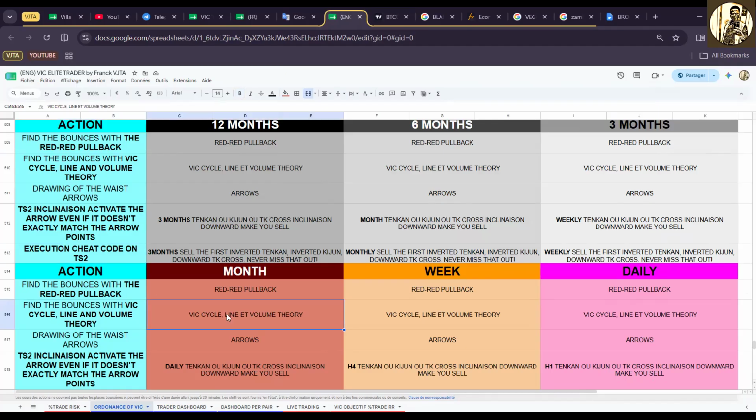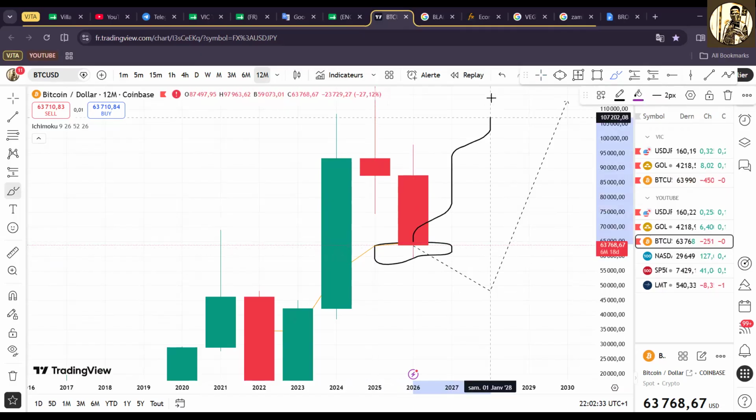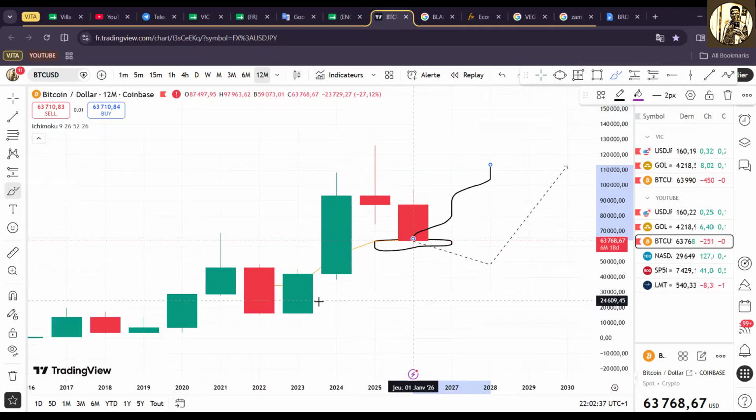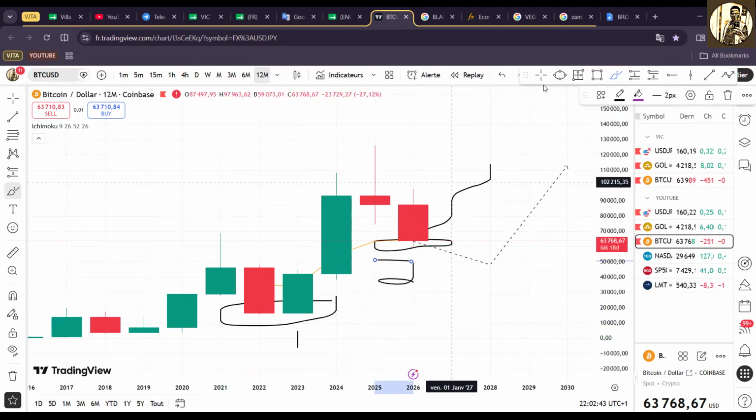You also use the volume theory to understand what can happen there. But if we lose the Tenkan line, normally we are on the first Tenkan bounce. Where we are now, the price can go up and do the break even, because on this 12 month, we are on the second Tenkan touch, as you can see.